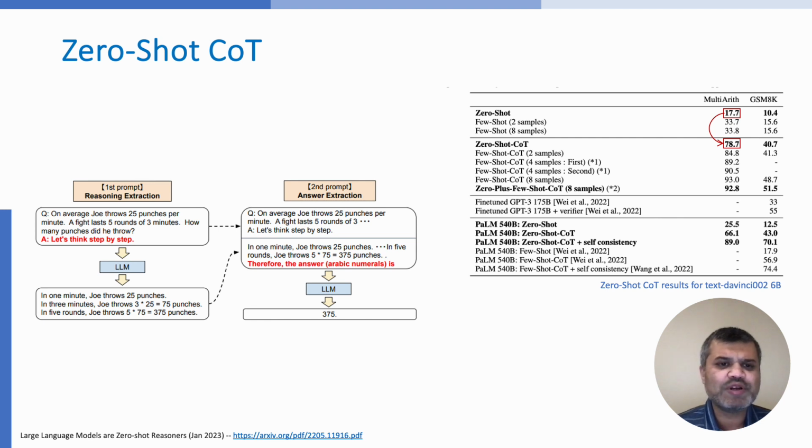Just by asking the model to think step by step, the model gives us the intermediate steps that it needs to reach the conclusion, and then we can ask the model to give us the final answer. Even if you look at the result table, we can see that zero shot chain of thought prompting drastically improves the results on arithmetic datasets.